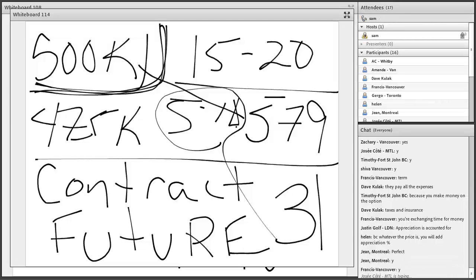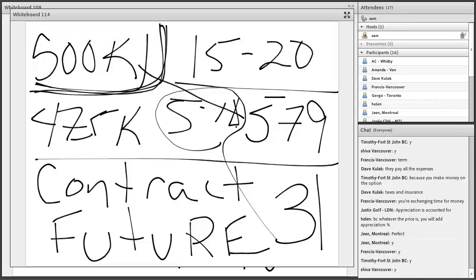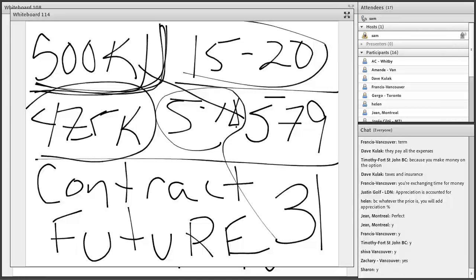Look at the discount, even at retail. We're basically creating a discount by creating a contract that protects us against the market changing. Does everybody see that? And this is why rent-to-owns are special, because you can protect yourself from the market by putting it in the contract.